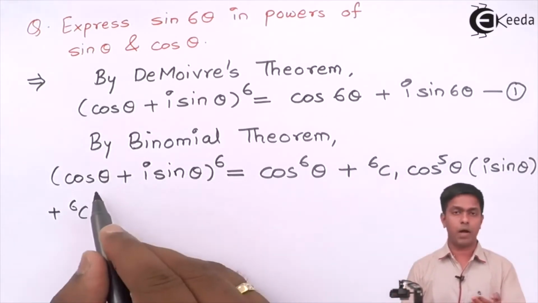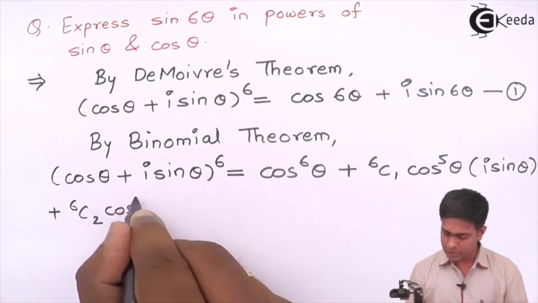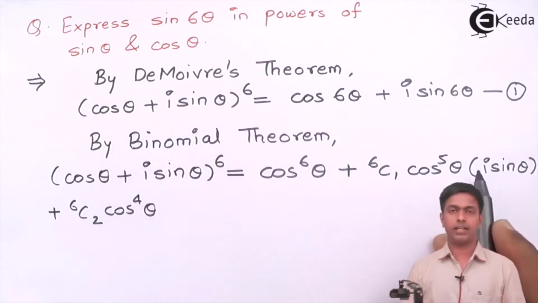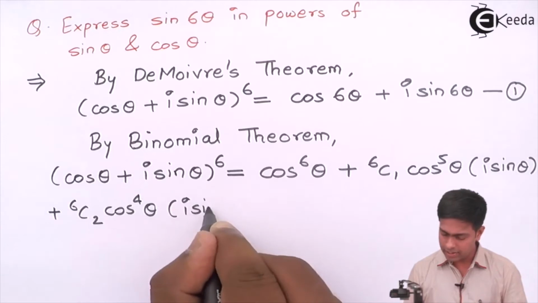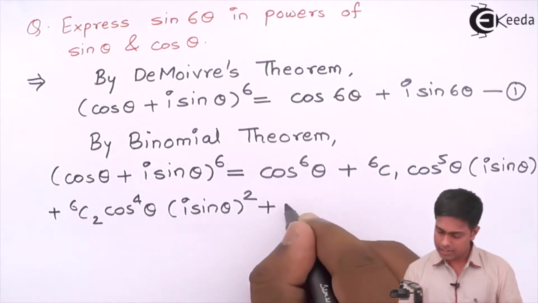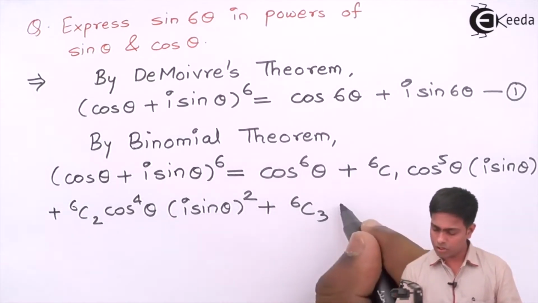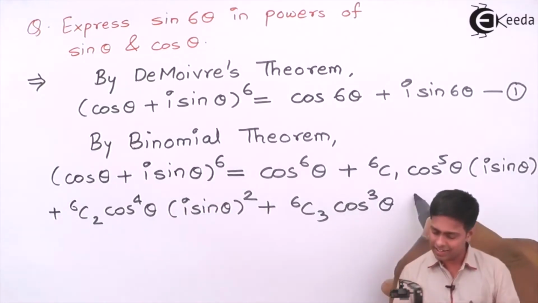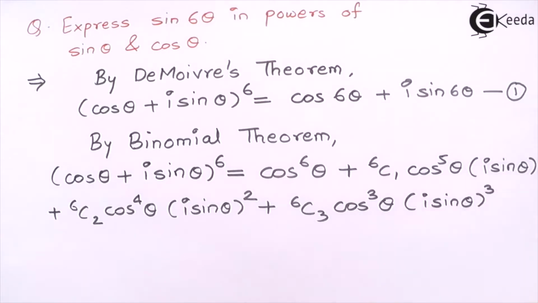Now we'll reduce the power of cos because it is my a, that will become cos raised to 4 theta. Then b is i sin theta, we increase the power by 1, so that will become (i sin theta) the whole square, plus 6C3, again reduce the power of cos, so cos cube theta, increase the power of i sin theta, so (i sin theta) the whole cube.